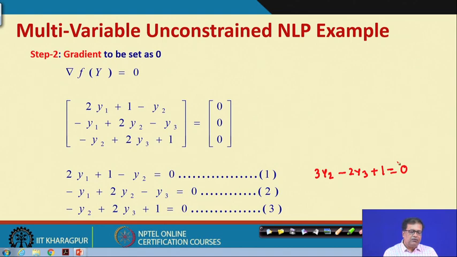So, what we have done is doubled the second equation and added it to the first equation. So, it becomes 3 y2 - 2 y3 + 1.